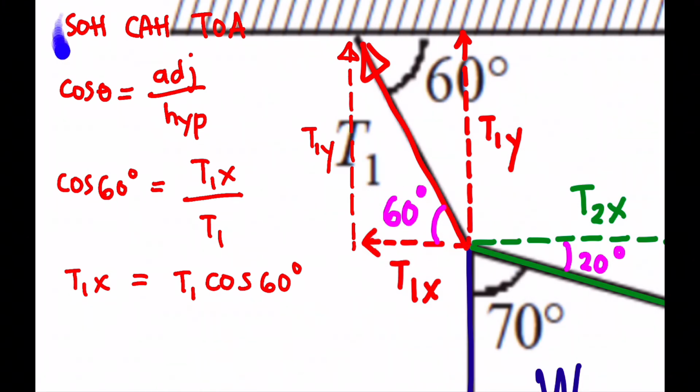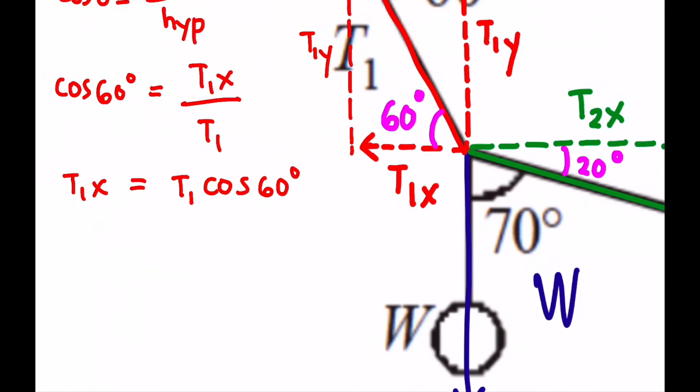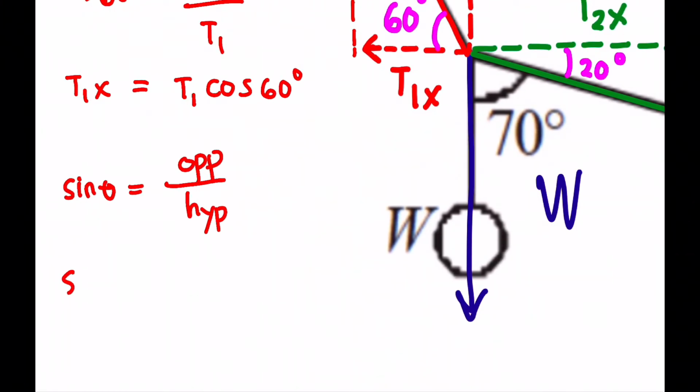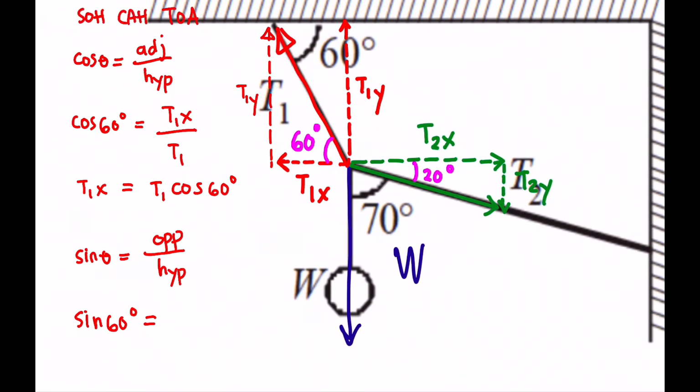So the function that we're going to utilize is the sine function, which says sine theta is equal to opposite over the hypotenuse, and our theta is 60 degrees, so sine of 60 degrees is equal to the opposite side, once again, is our T1y.